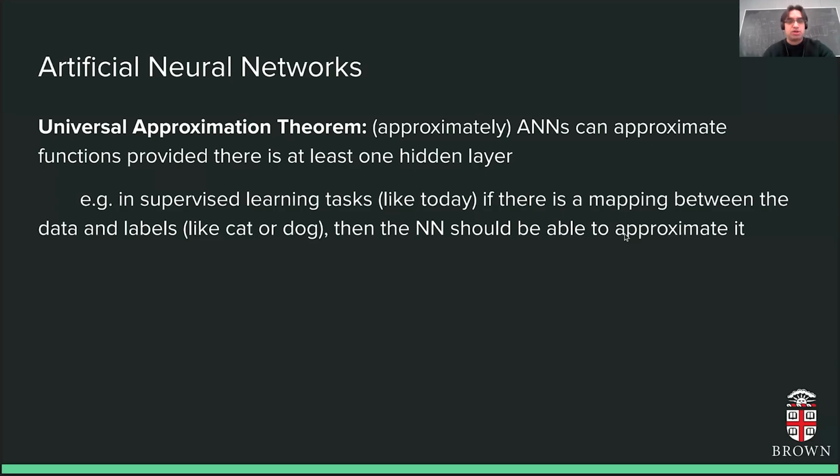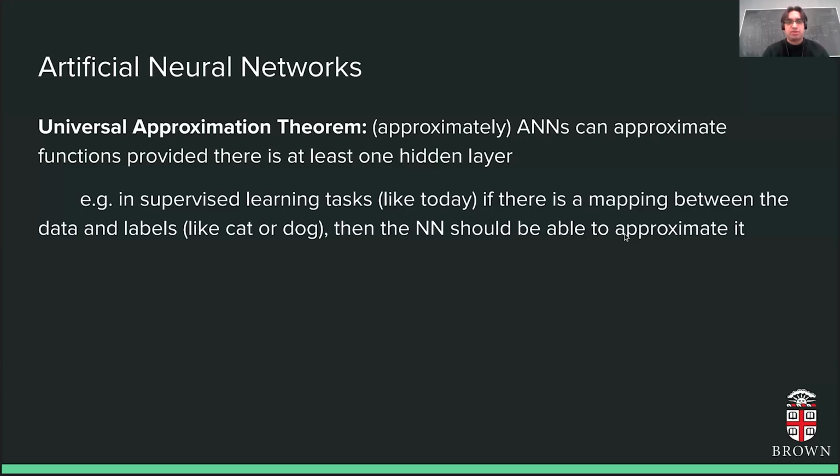So back to artificial neural networks. One important theorem is the universal approximation theorem, and it approximately says artificial neural networks can approximate functions provided there is at least one hidden layer. Again, this is approximate. There are more rigorous definitions here.